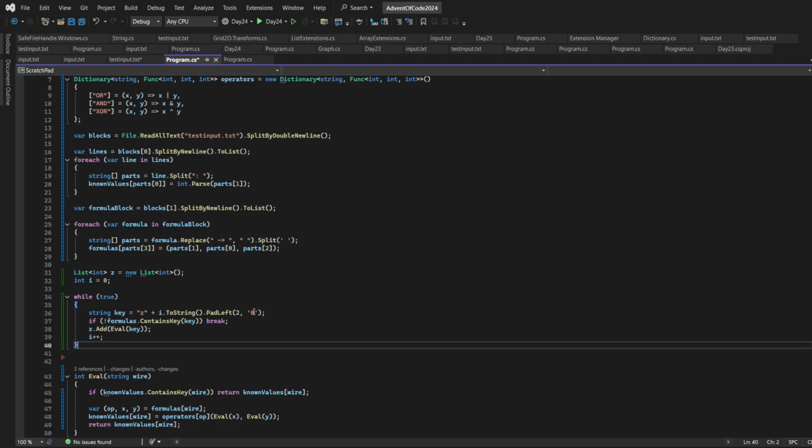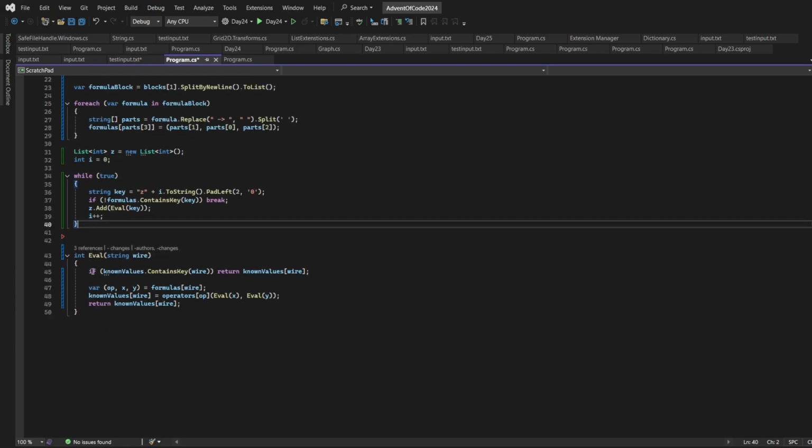So if I is 0, we will say Z00. Then we will get Z01, Z02 and so forth. So that's how they are constructed. And as I said, when we don't find any more, we will break, and then we will call our eval function with that key.